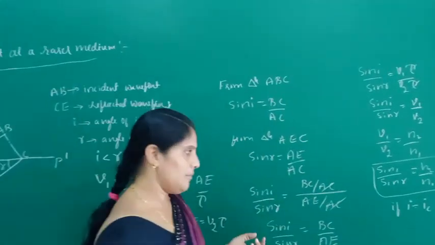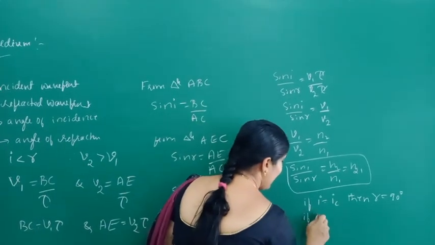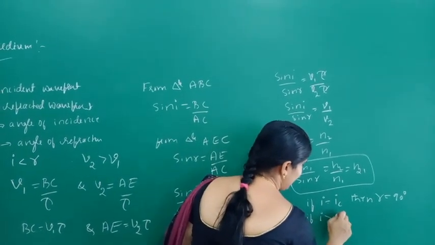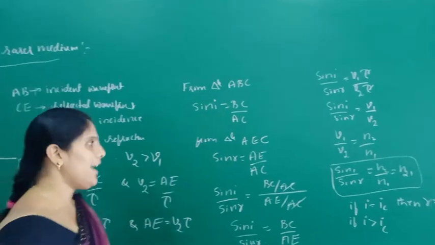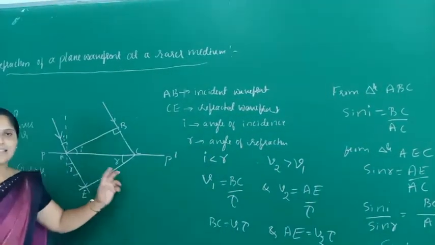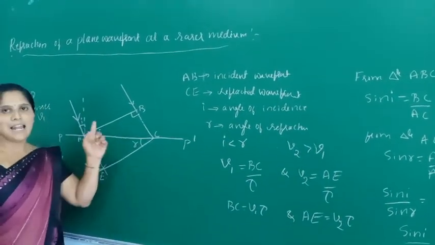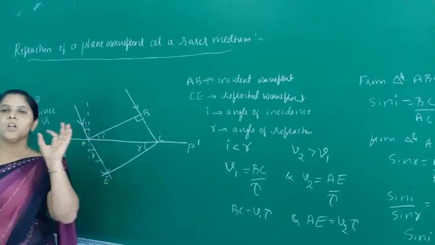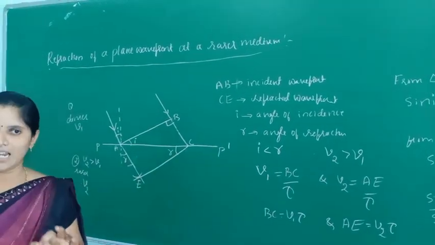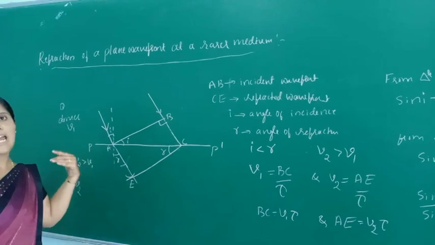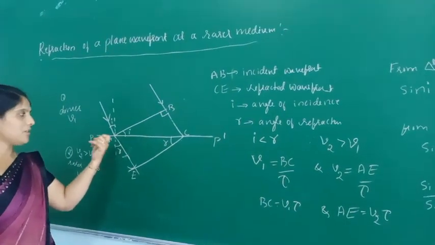That means if i is greater than ic, if the angle of incidence is greater than the critical angle, it undergoes total internal reflection instead of refraction. Please note this.